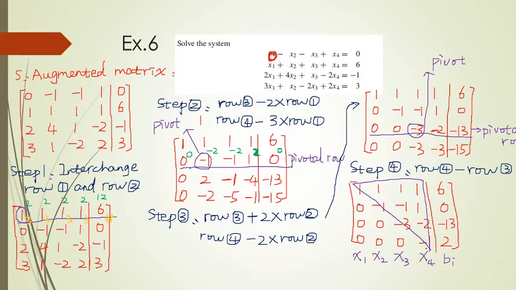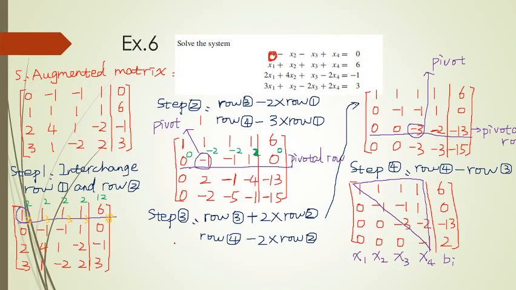Next time, we will discuss a more restricted form called row echelon form, okay? That will be much simpler than strict triangle form. So we are trying to transform the original augmented matrix into row echelon form. That will make it much easier to solve the linear system, okay?